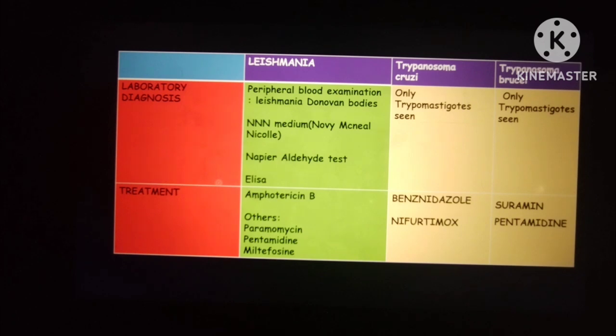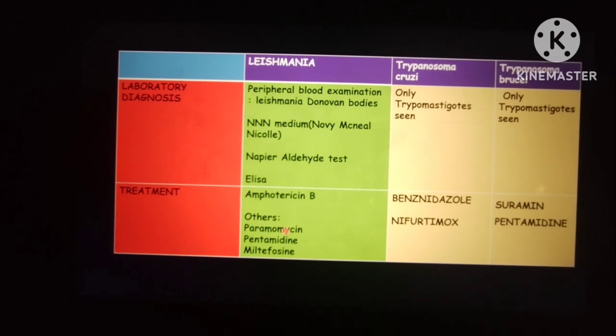Friends, for the treatment of Leishmania, it is amphotericin, paromomycin, pentamidine and miltefosine. This paromomycin is also used in the carriers of Entamoeba. For Trypanosoma cruzi, it is benznidazole and nifurtimox, whereas for brucei, suramin and pentamidine. So just remember the names, that is more than enough.